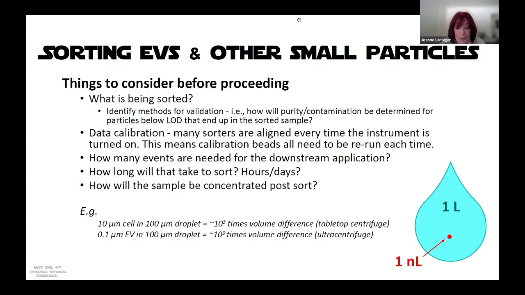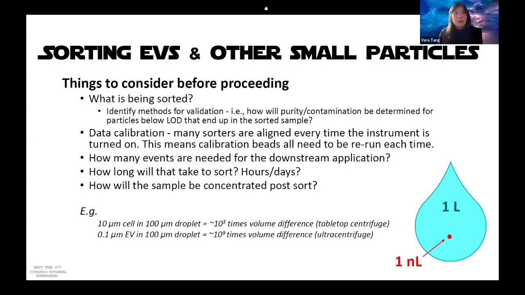Yeah. And I think practically speaking, a lot of the cytometers where we're doing the analysis on EVs and getting very, very small are using ultra pure water as the sheath. When you're sorting, you have to go with some sort of PBS or isotonic solution, right?